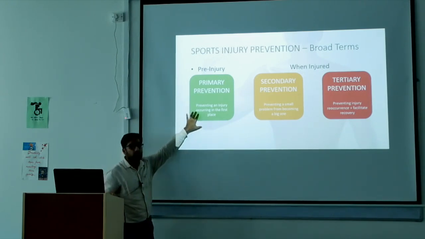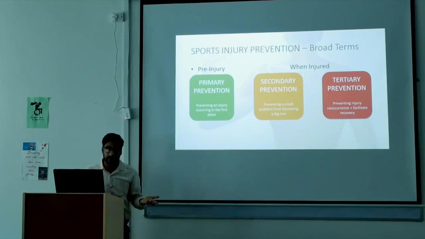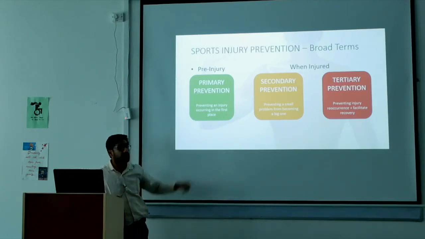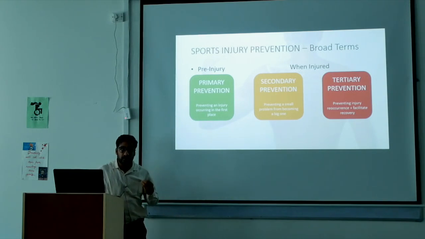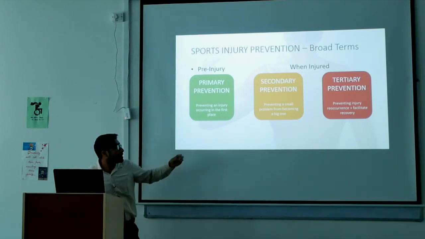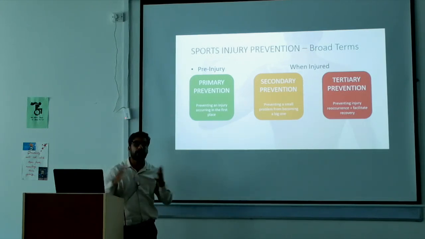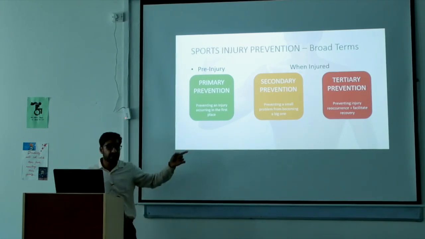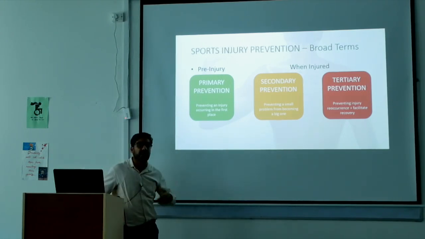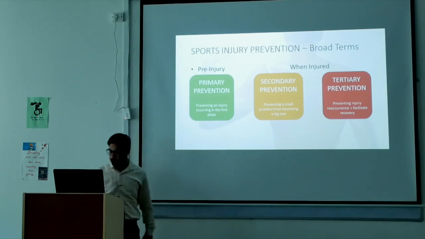Its aim is to prevent the injury before it happens. Second one and third one are when you have suffered an injury. In secondary prevention, we prevent the small problem from growing into a bigger one. And tertiary prevention is preventing it from reoccurring, as well as facilitating the recovery process.